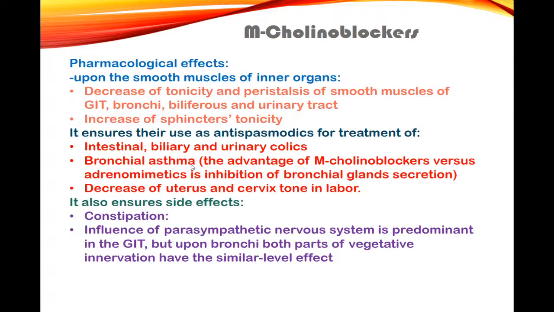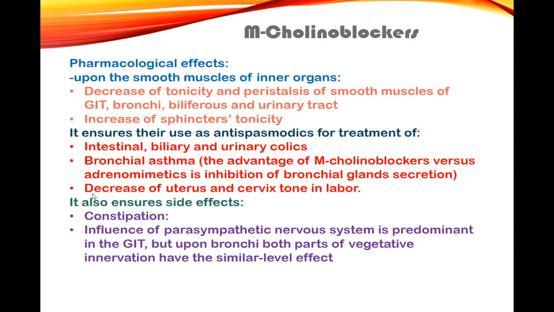Bronchial asthma. We will study in a few weeks that other drugs, adrenomimetics, are used very often for this, but the advantage of M-cholinoblockers versus adrenomimetics is inhibition of bronchial gland secretion, and relaxation.